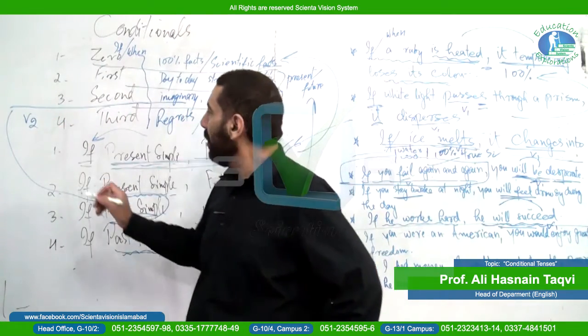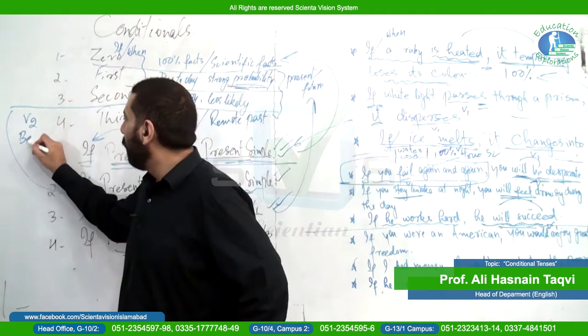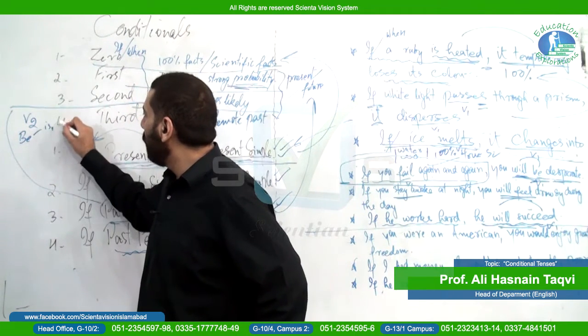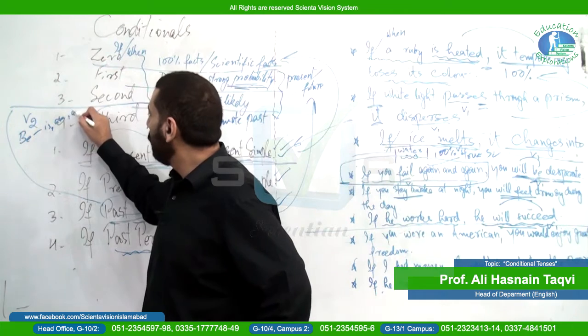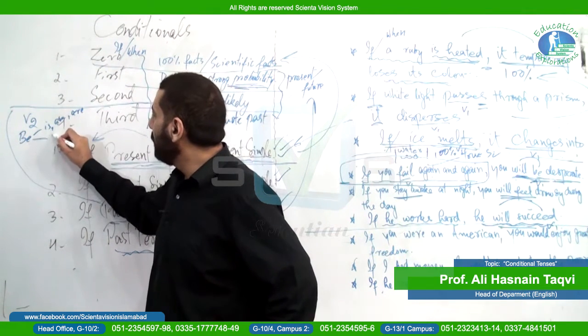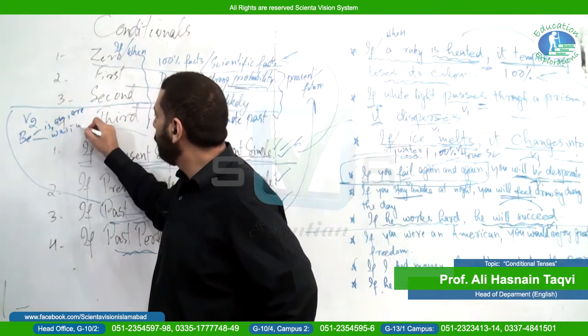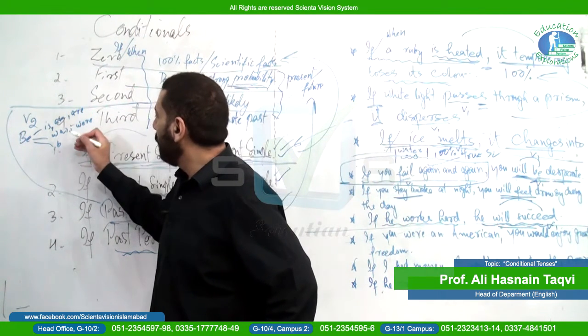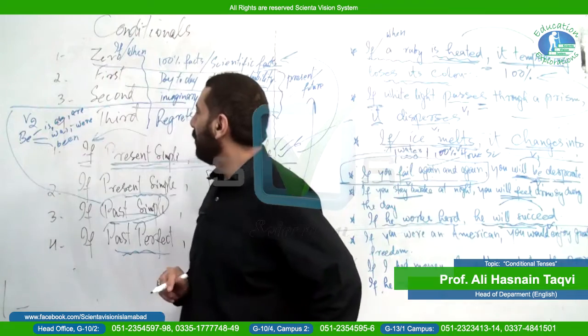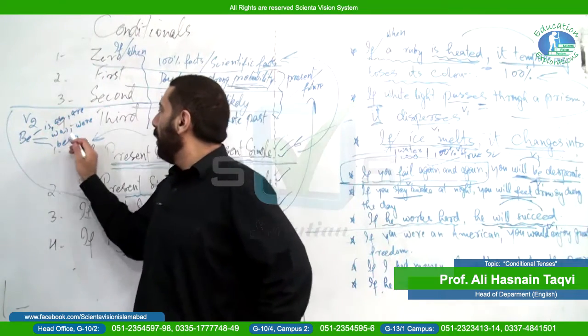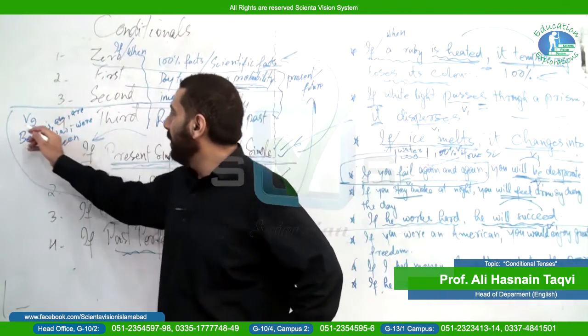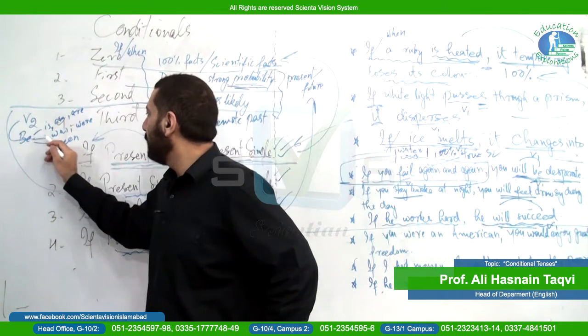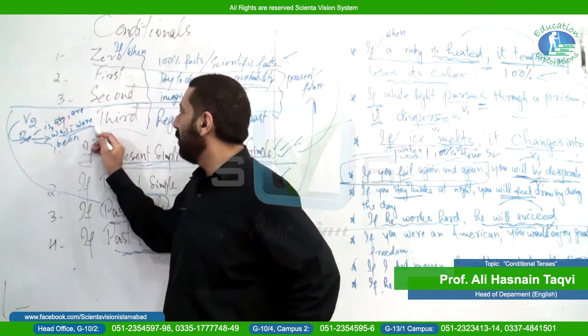However, you know the be forms. In present they are is, am, are, in past they are was, were, and in participle it is only been, actually one form. So our requirement is V2, and that is was or were.